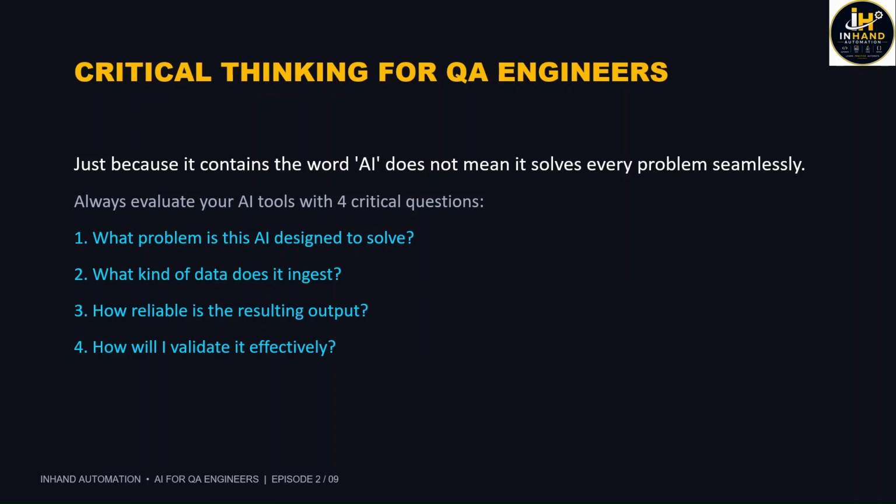So whenever you are using an AI-based testing tool, ask: what problem is this AI actually designed to solve? What data does it use? What output does it produce? How reliable is that output? And how will I validate it? Those questions are extremely important for a QA engineer, right?